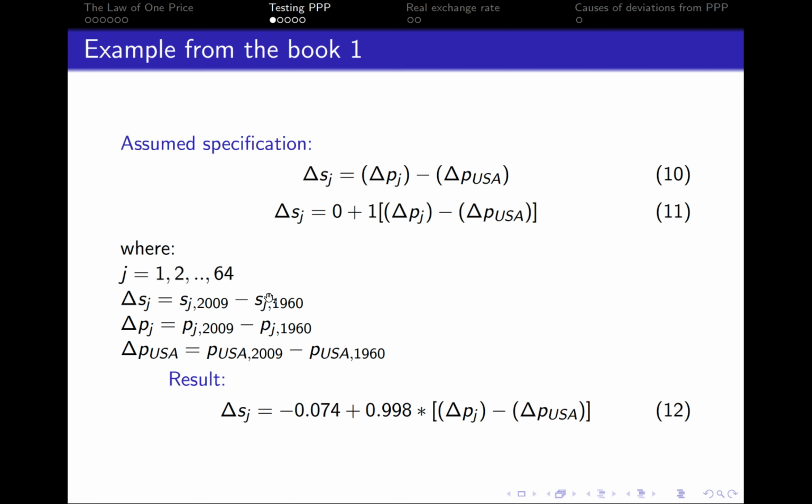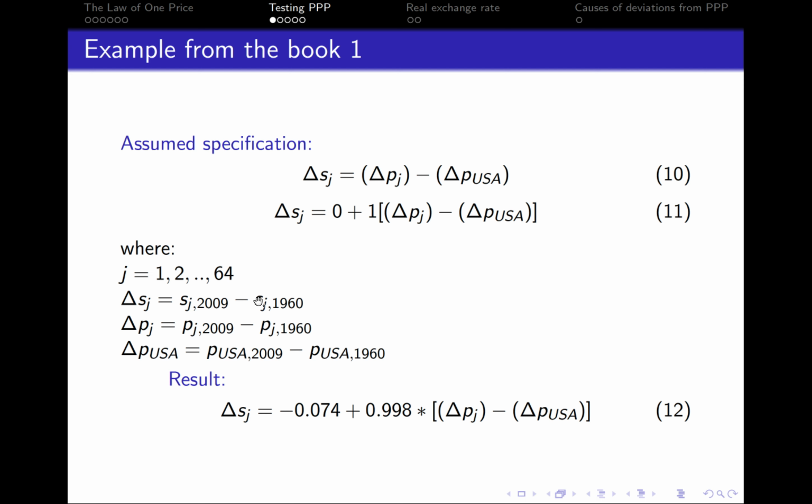Look, it's 50 years, right? So actually we are going to check whether purchasing power parity in its relative version holds after 50 years.